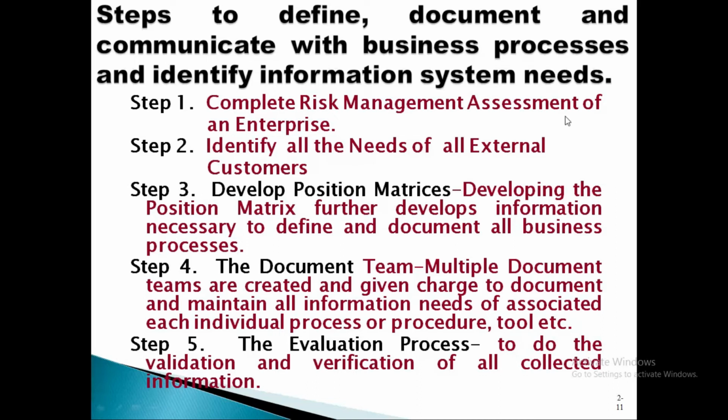Step 1. Complete risk management assessment of an enterprise. In any enterprise, we make a list of whichever risks can be there and how to handle them. That is called risk management, which must be done as a first step.